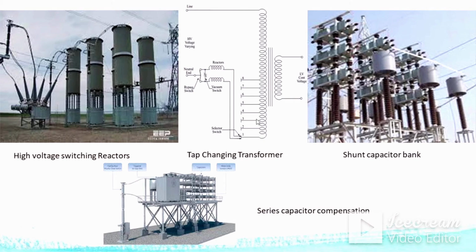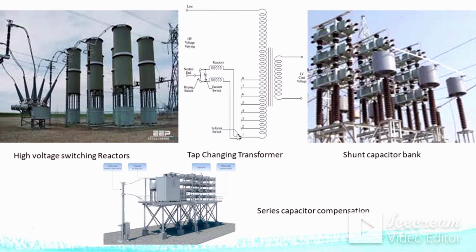Now this is a picture of a tap changing transformer. Various tappings are there from 1 to 8. If we want to have a lesser number of turns, that is, if we want to step down the voltage, then we will connect this selector switch to 8, and if we want to increase the voltage profile, then we will connect the selector switch to 1, so that from 1 till the line point we have a large number of turns in between.